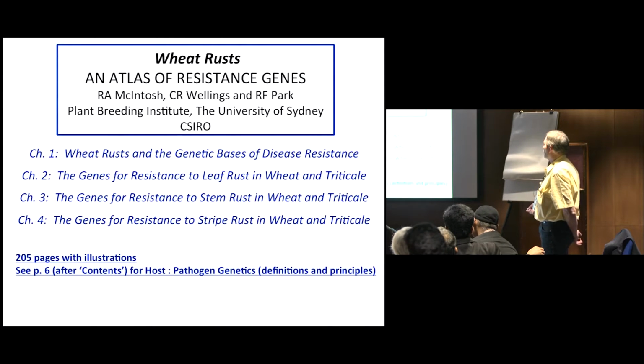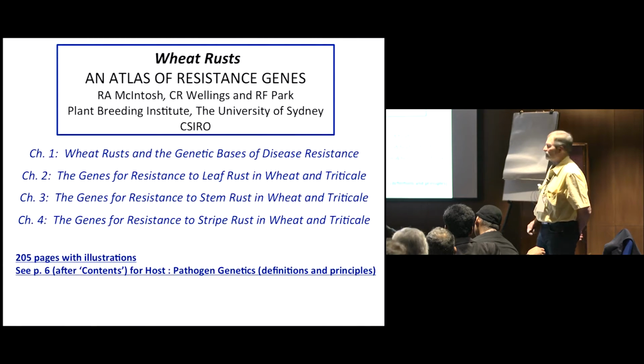Chapter 1 is the wheat rust and the genetic basis of disease resistance. Chapter 2, the genes of resistance to leaf rust in wheat and triticale. Chapter 3, the genes of resistance to stem rust in wheat and triticale. And the genes for resistance to stripe rust. If you're interested in some detail, on page 6, right after the contents, there's a section on host-pathogen genetics.